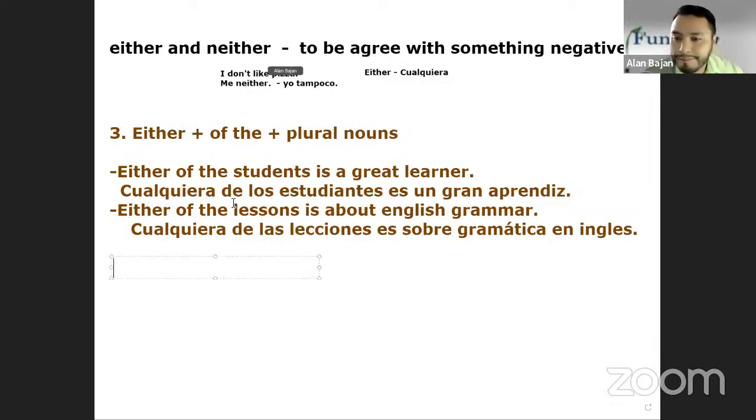Rule number 4. And after this, we will go to break, okay? Rule number 4.